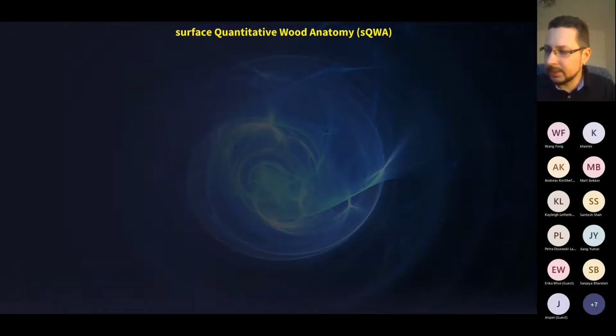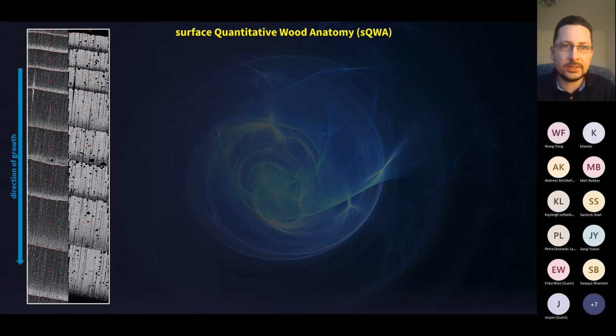So now, basically moving a little bit beyond surface intensity, and this is, I think, potentially quite exciting stuff, is this idea of actually taking these high-resolution surface images from reflected light imaging and doing quantitative wood anatomical style analyses, and trying to generate similar data.